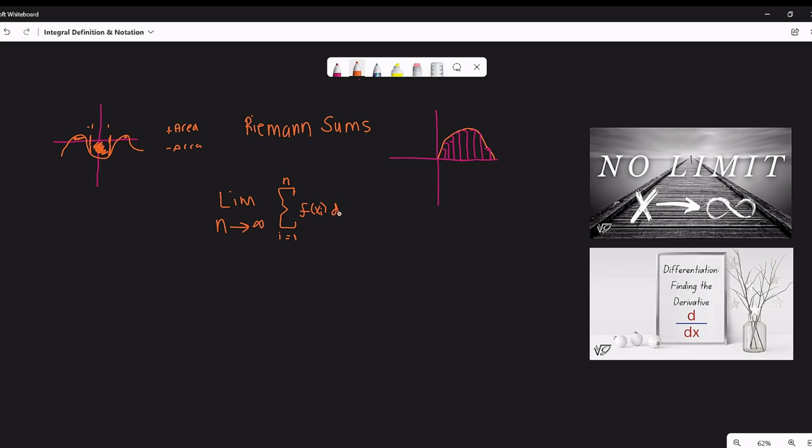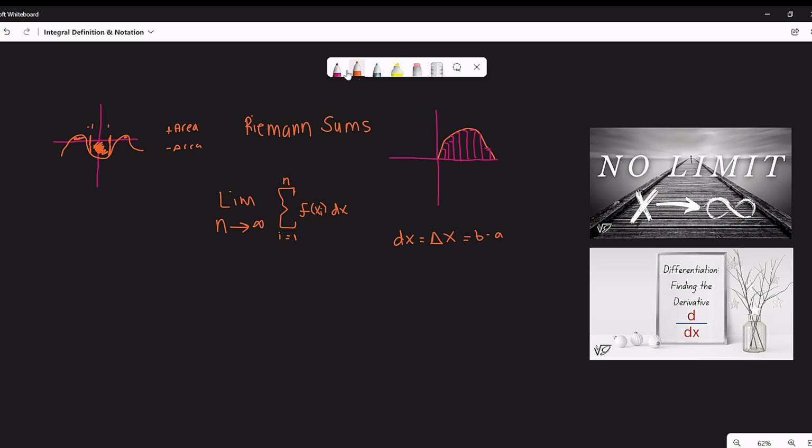And we do this times dx, which is infinitely small, and I don't want to tackle the problem that is infinity, because infinity is not a number, but dx is equal to the change in x, or equal to b minus a, and this is an infinitely small value when taking the limit towards infinity.